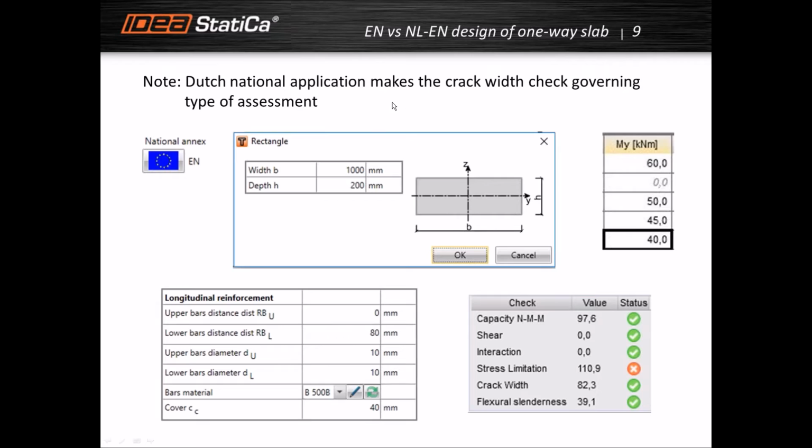Now I would like to discuss this calculation of the crack width according to EN code and Dutch Annex in more detail, because I believe that the Dutch national application makes the crack width check the governing type of the assessment.